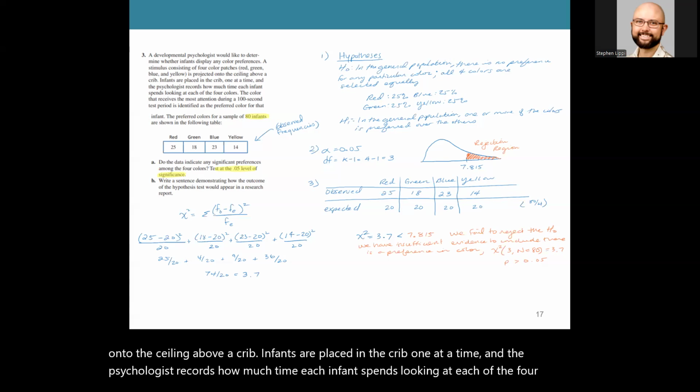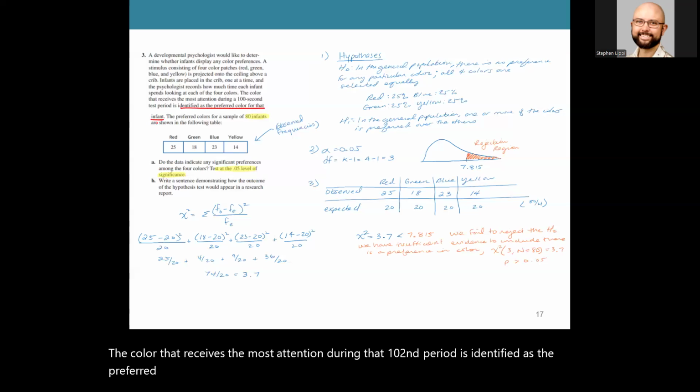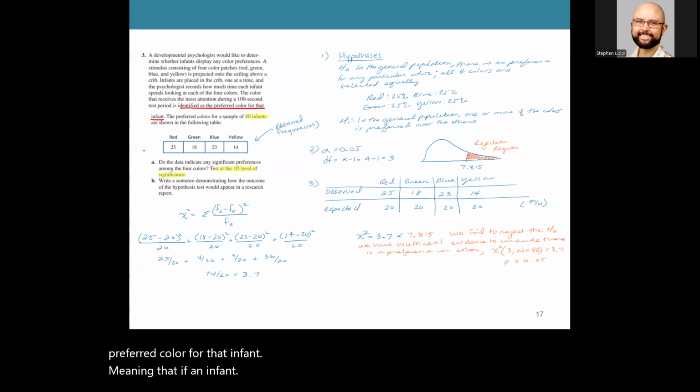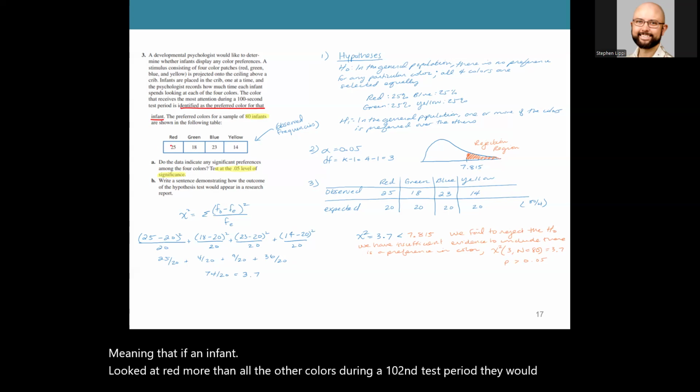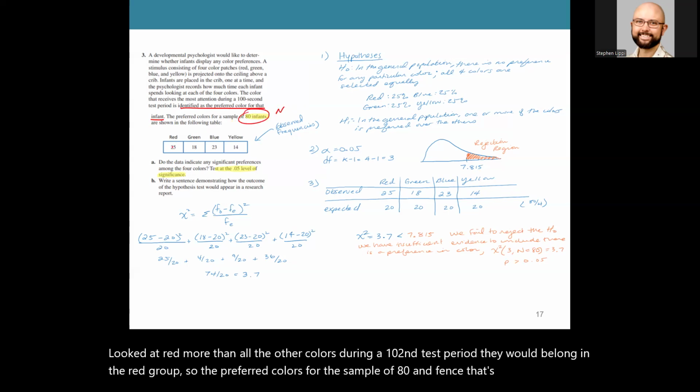The color that receives the most attention during that 100-second period is identified as the preferred color for that infant. Meaning that if an infant looked at red more than all the other colors during a 100-second test period, they would belong in the red group.